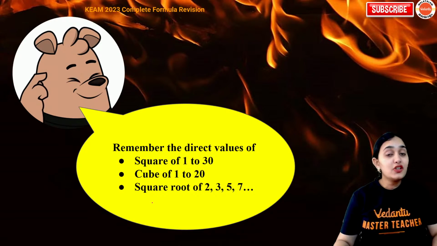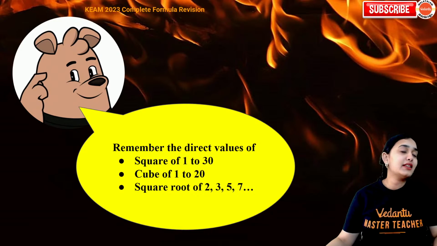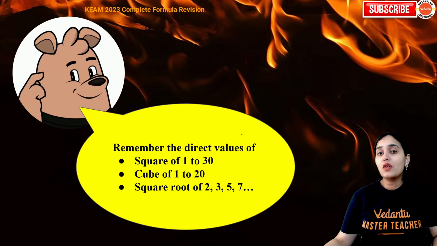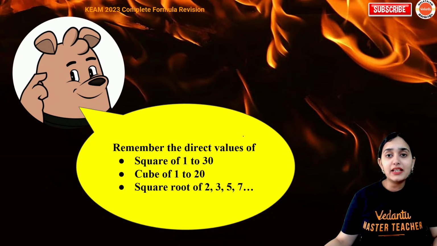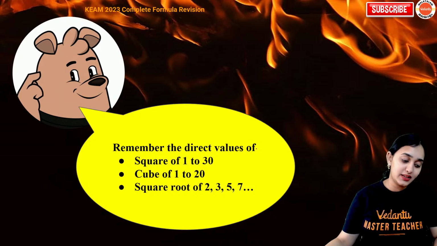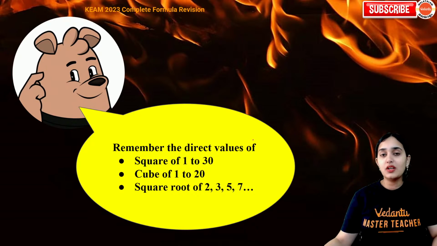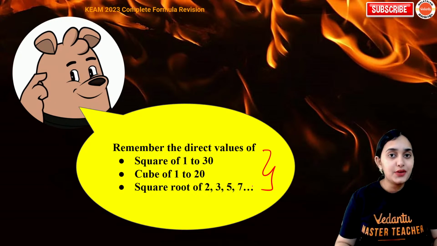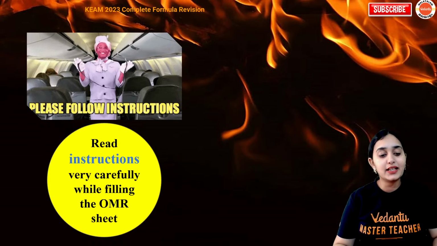Next, try to remember the direct formulas. I have seen that you guys don't remember trigonometric formulas. That is not good. If you don't remember direct values like tan pi by 3, cos pi by 3, tan minus pi by 3, you will not be able to answer the question quickly, right? So remember all the direct values. It will help you solve quickly.